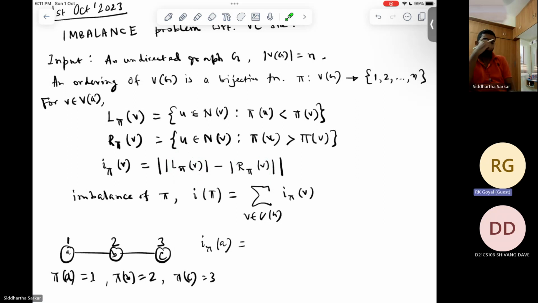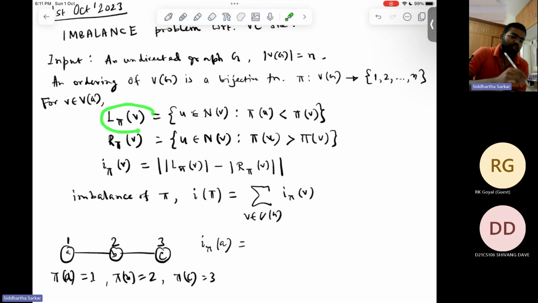Is it necessary that we only need to consider the neighboring vertices? Yes, that is the definition. We have defined L of v with respect to pi as those neighboring vertices of v that have received strictly less labeling than the labeling of v.